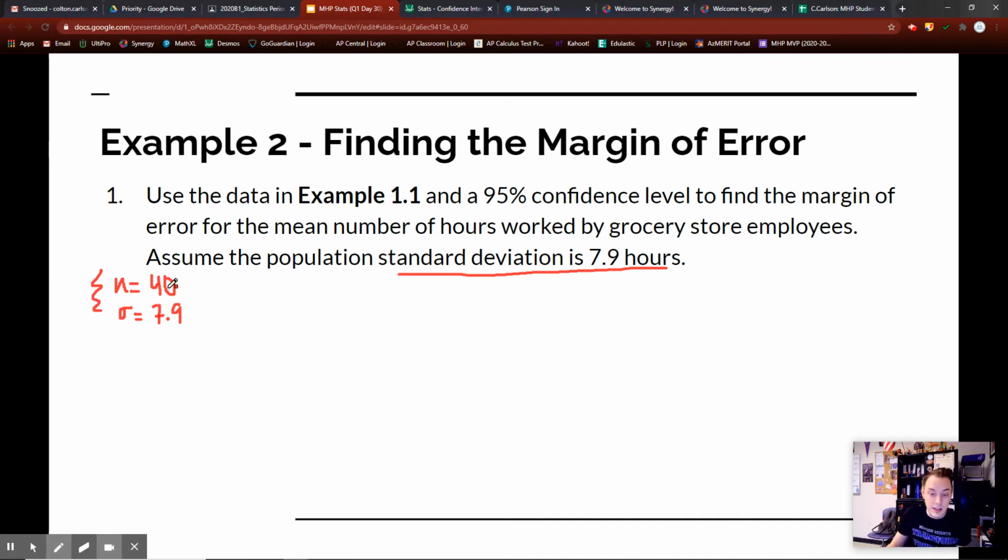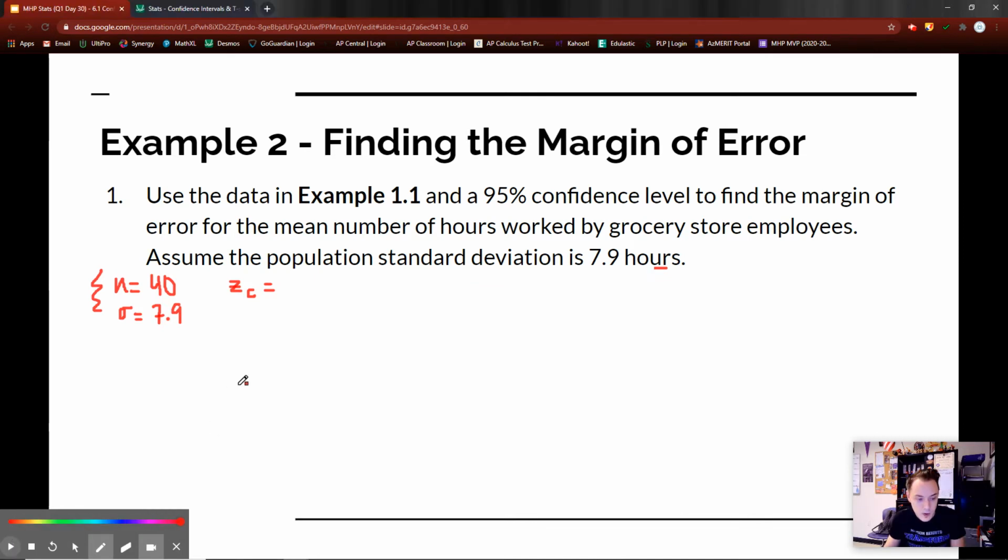Now I want to find my critical value, my z-score value. How do I solve for that? I need to use that knowledge from 5.3 in doing my inverse z-score properties. I'm going to show you right now.